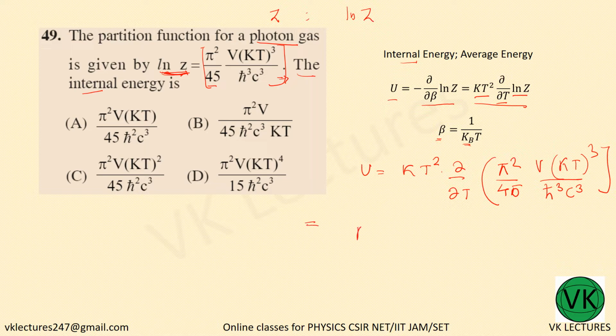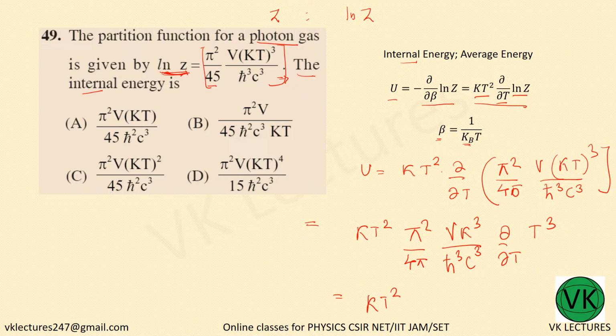So kT squared into pi square divided by 45 into V k cube divided by h cross cube c cube into dou by dou T of T cube. So that is equal to kT squared pi square divided by 45 into V k cube divided by h cross cube c cube into 3T square.